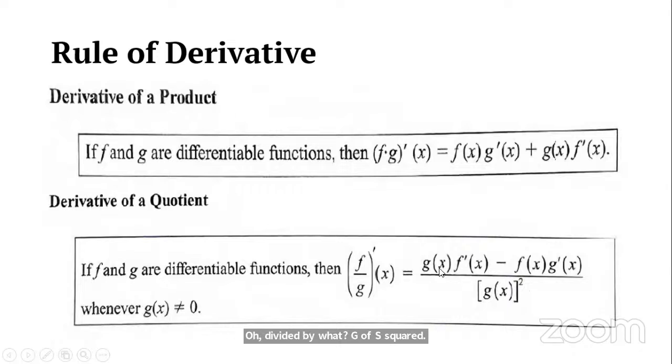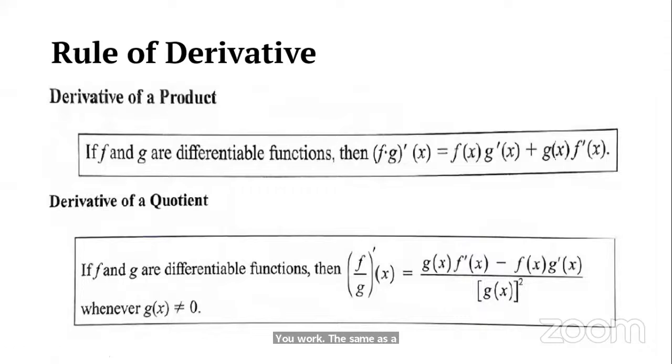In a situation where you do f prime of s multiplied by g of s first, in some cases it will work for you, but in other cases it will not work. So you must make sure that when you are dealing with the quotient rule, it is g of s multiplied by f prime of s minus f of s multiplied by g prime of s, all divided by g of s squared. But for the product, you get the same answer.